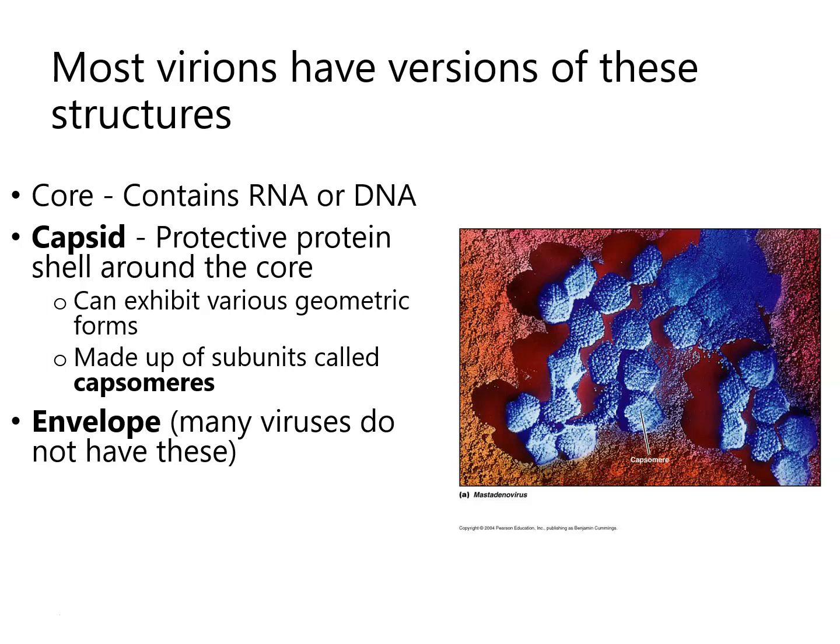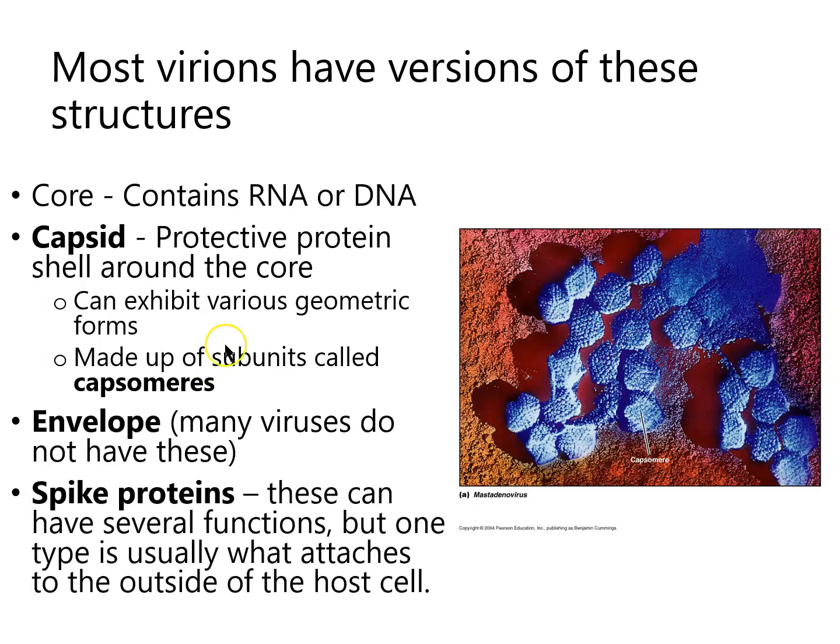And so like SARS-CoV-2 that causes COVID-19, it has an envelope that wraps around it. And that envelope can have a lot of different functions, as we will see. And then most virions have spike proteins. These are proteins that stick out the side. And most of what these do is attach to a new host cell.